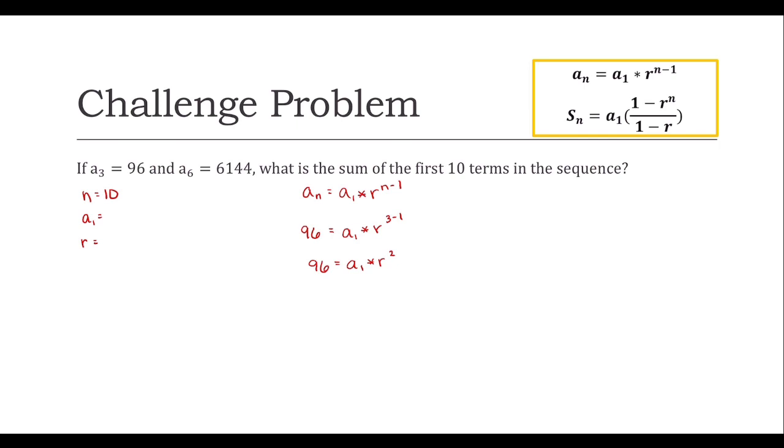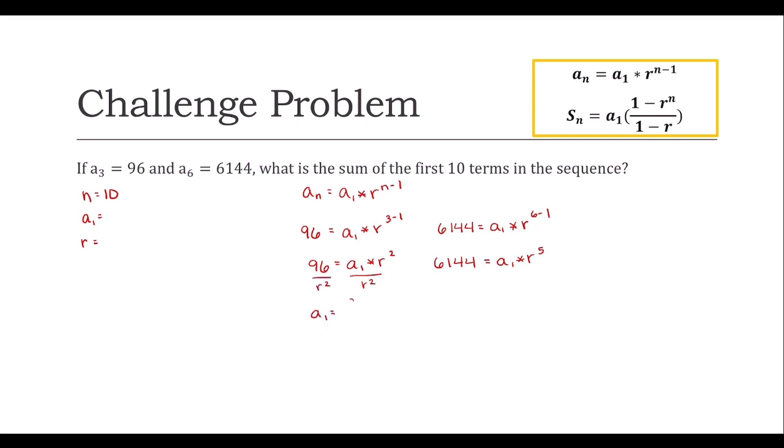So we have one equation and two unknowns, so we need a second equation. And so we'll use our a sub 6 value. So we'll say 6,144 equals a sub 1 times our rate to the 6 minus 1. So 6,144 equals a sub 1 times r to the 5th. So we'll solve both equations for a sub 1. So we'll divide this by r squared.